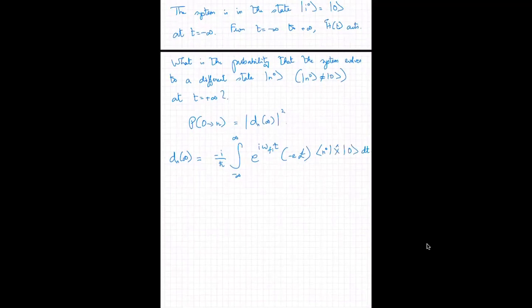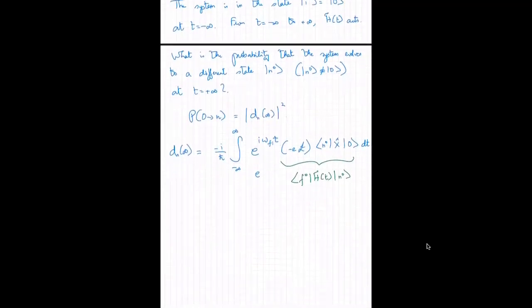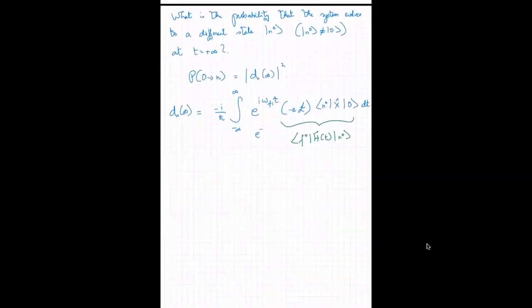Is this clear? So this part is basically <f0| H tilde of t |n0>, right? Of course, I forgot the e to the minus t squared over tau squared part.